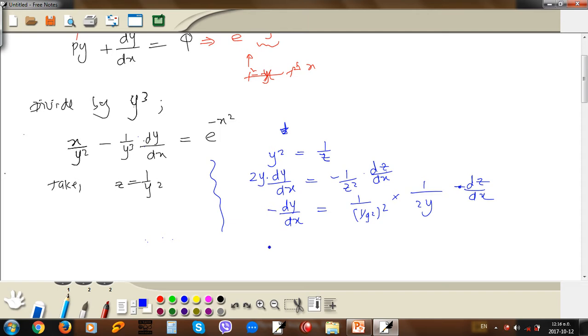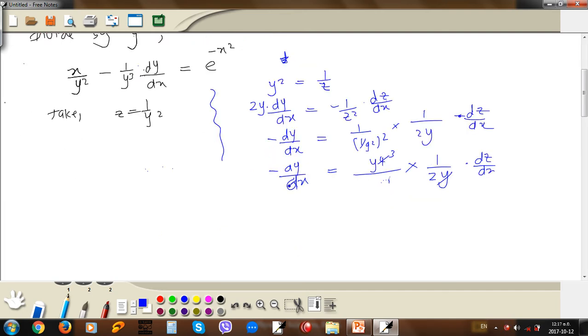So minus dy by dx equals 1 over y squared, then y to the power 4 is there, 1 over 2y dz over dx. Y cube is remaining, right?